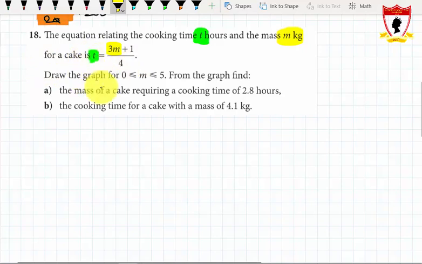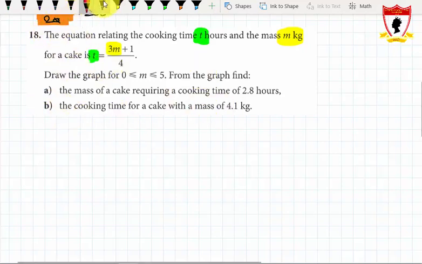This is the relation: T is equal to 3m plus 1 over 4. Draw the graph for m between 0 to 5. From the graph, find the mass of a cake requiring a time of 2.8 hours. The cooking time for a cake with a mass of 4.1 kilograms.